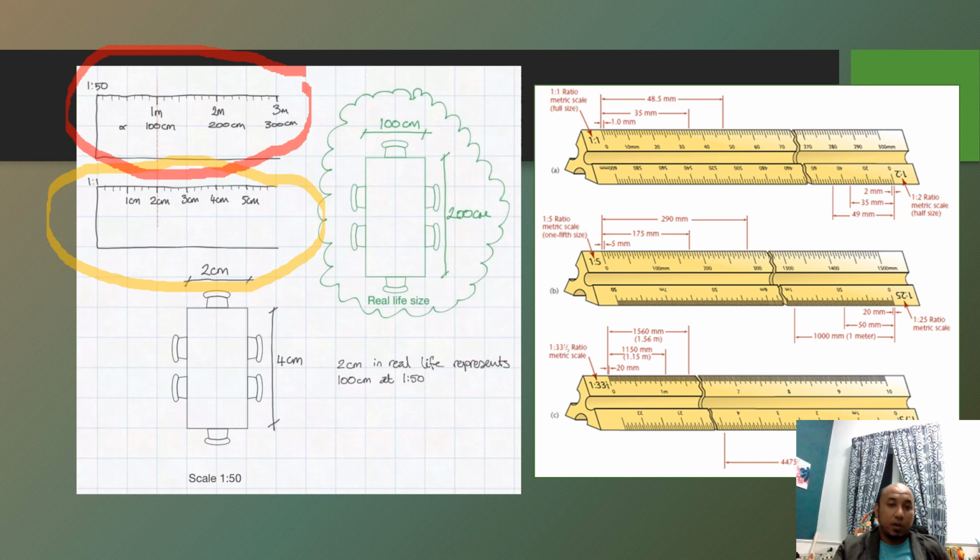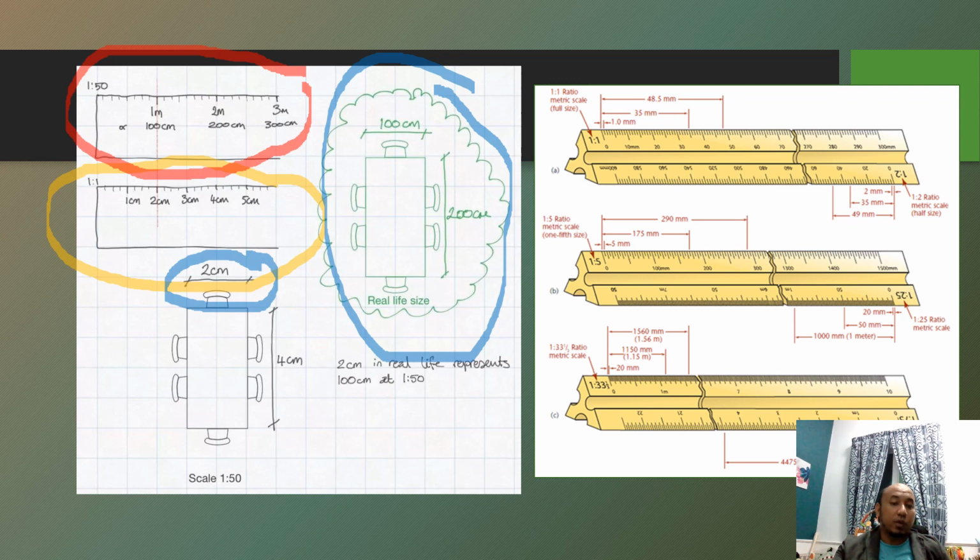Okay, so this is the real picture. The real picture is 100 centimeters and 200 centimeters, its length and its width. When we use the scale 1:15, they change their units. From 100 centimeters it becomes 2 centimeters. So it's like this. 1 meter, or 100 centimeters, becomes 2 centimeters.